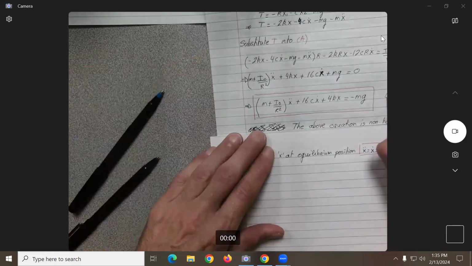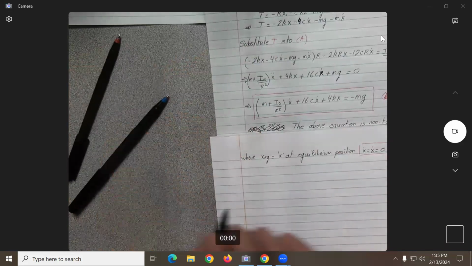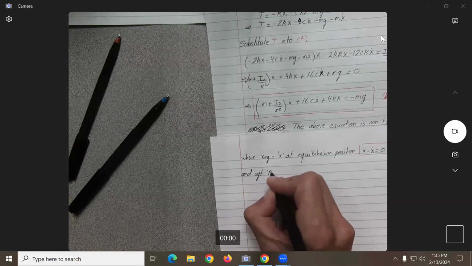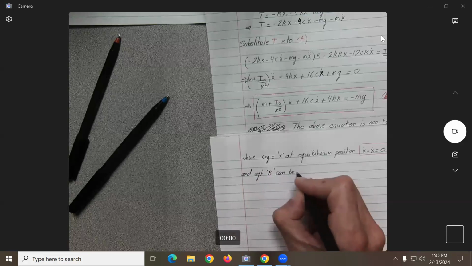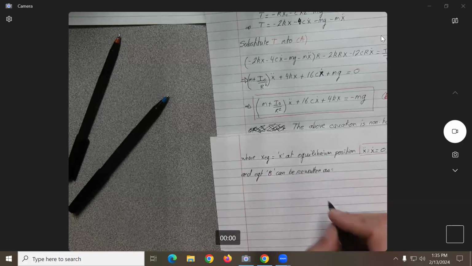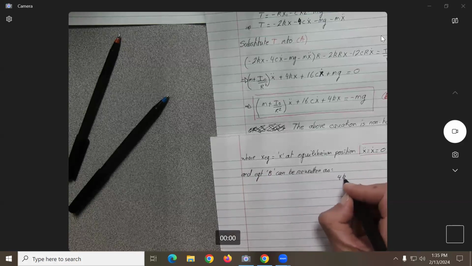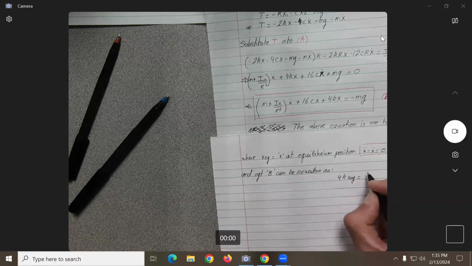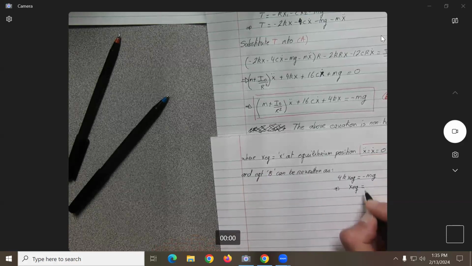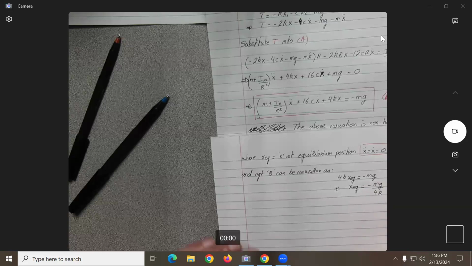Let's call this one B. Equation B can be rewritten as what? 4kx equilibrium equal to minus mg, which will give you what? x equilibrium equal to minus mg over 4k.